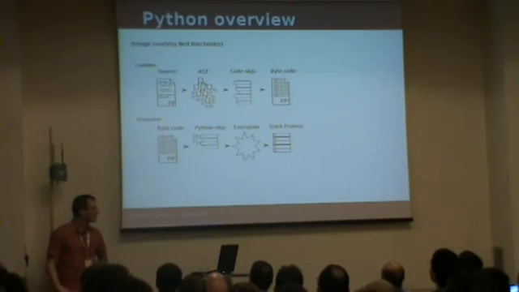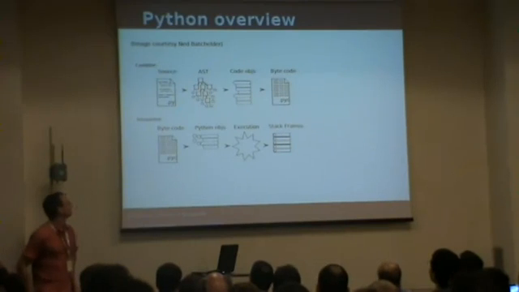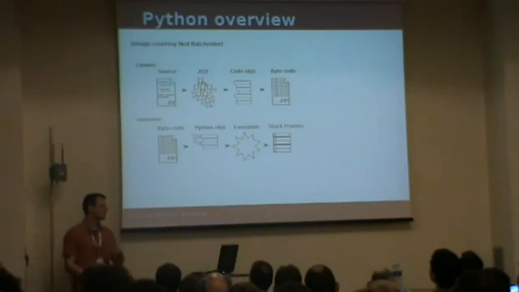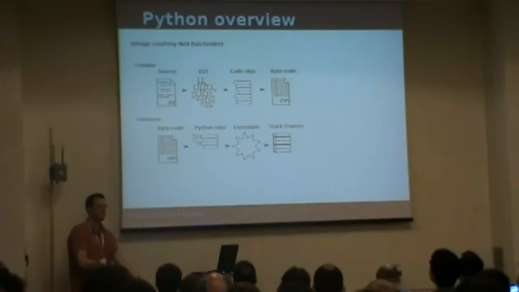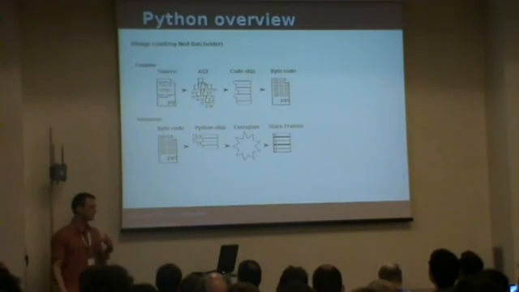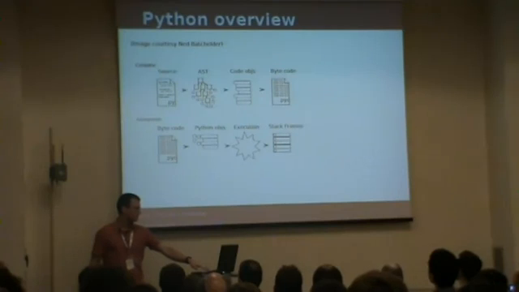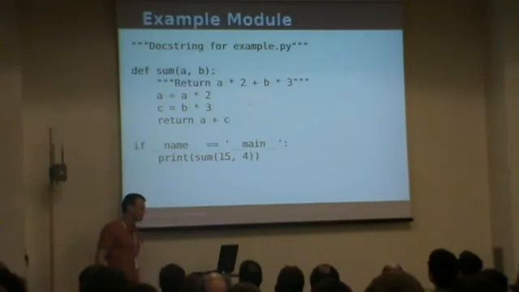So that's a graphical overview of what happens. The source file gets transformed to AST. You create code objects which are stored in bytecode files, and then the interpreter will load those and execute them using stack frames. And at the end of it, you get a running program, which is what you want.